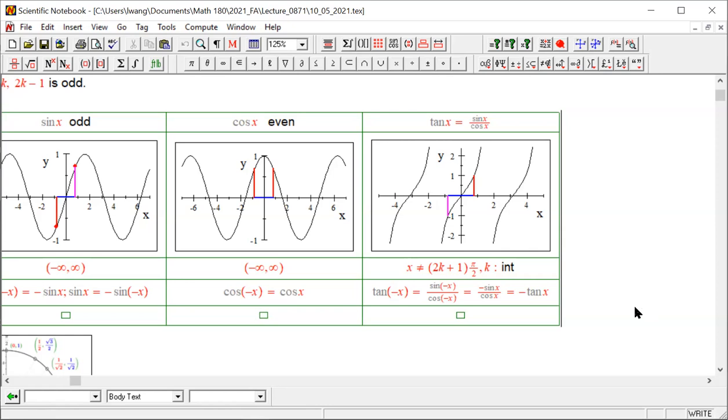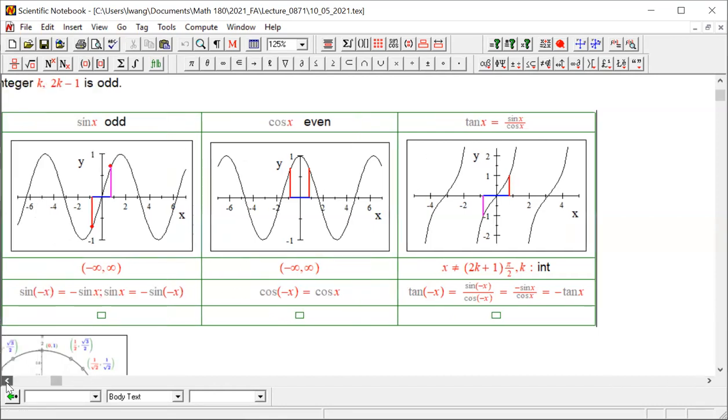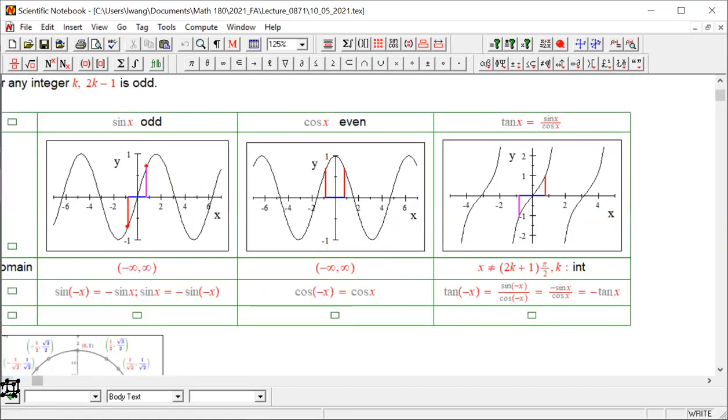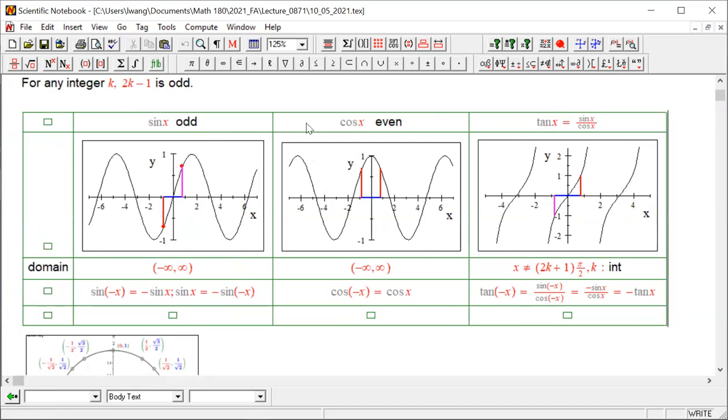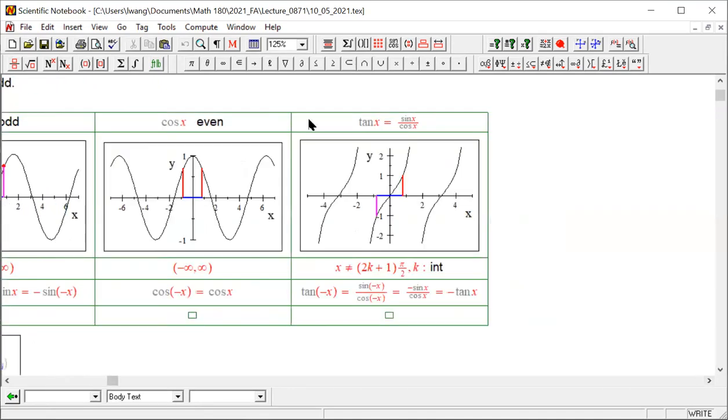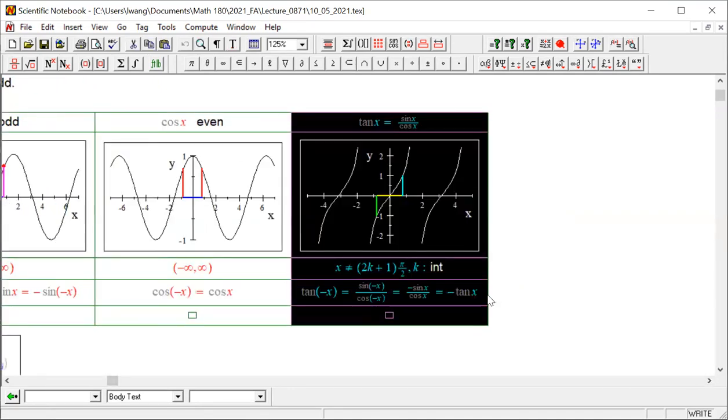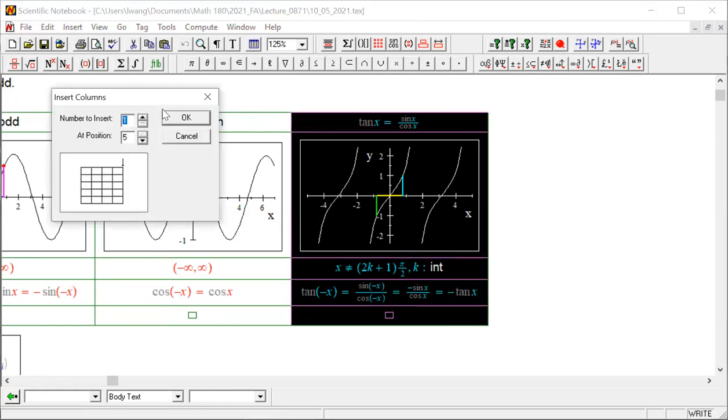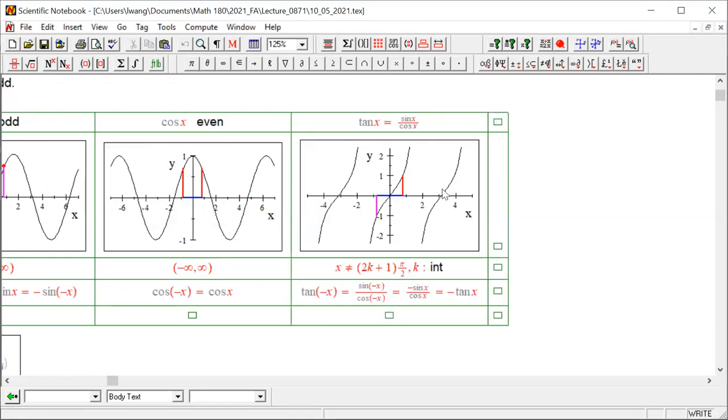And now we have questions. How about cotangent, cosecant, secant? Take cotangent, for example.